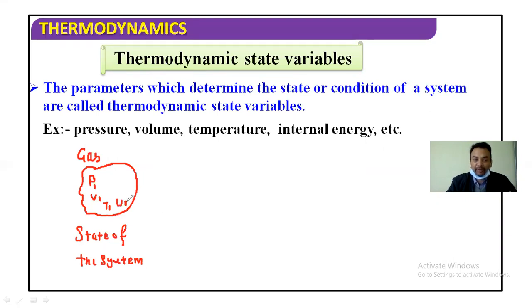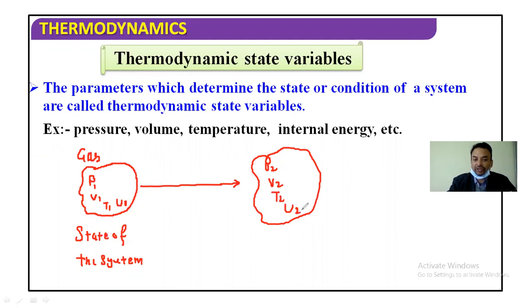Now our system goes from the present state to the next state, and in that state the gas attains pressure P2, volume V2, temperature T2 and internal energy U2.